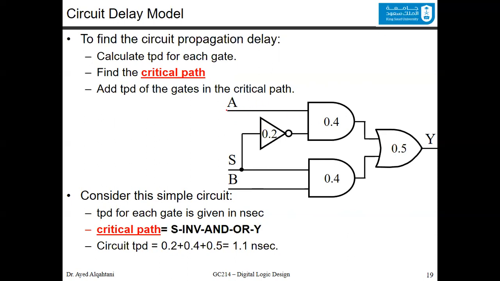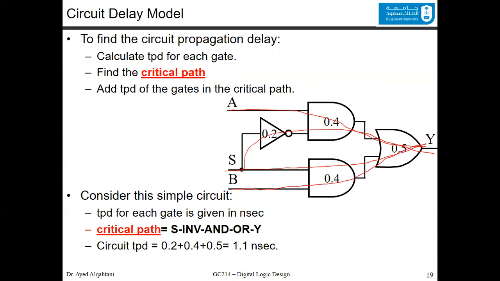A signal can go through this line until it reaches the output. It can also go through this line, or this one, or this one. So you can see that there are 4 different paths.